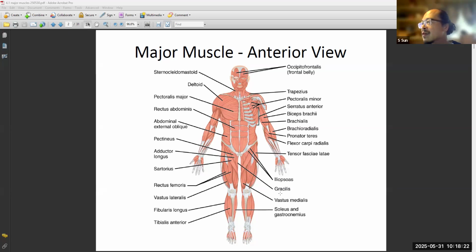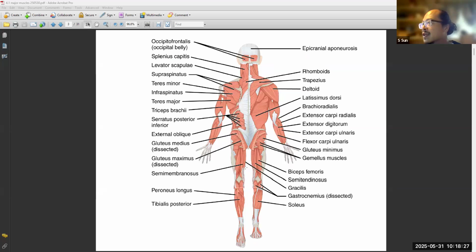So that's the back of your leg. This tendon is also very interesting. It doesn't show here, but we will see that later. So that's the posterior portion of your thigh.